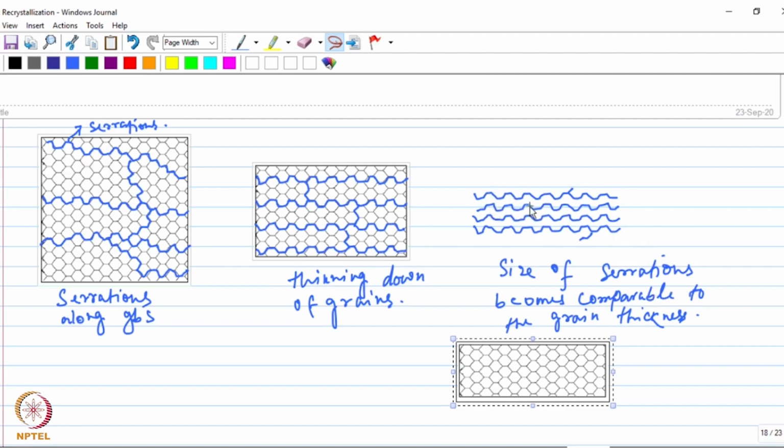So you can see, as the serrations become comparable to the thickness of the grain, you can see they are approaching to each other and eventually they will touch each other, they will impinge on each other, something like this.